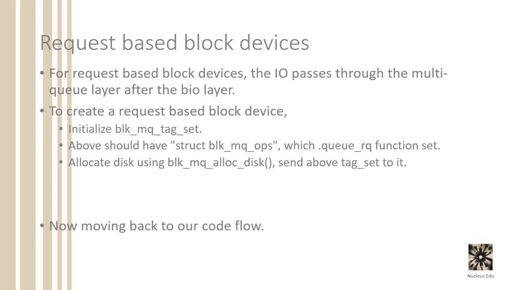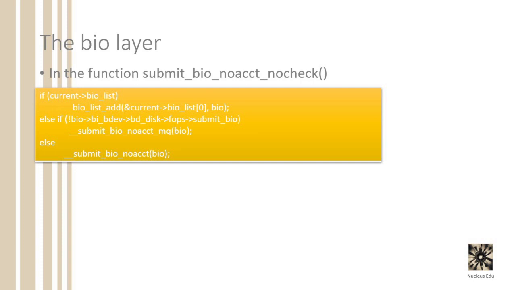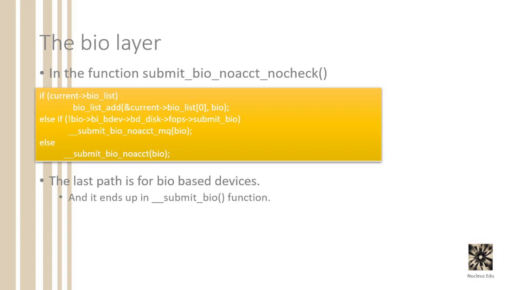Now let's get back to our code flow. We were at this function and at this piece of code. As we discussed, the last path is for bio based devices, and it ends up in the function __submit_bio, which we'll see in the end.